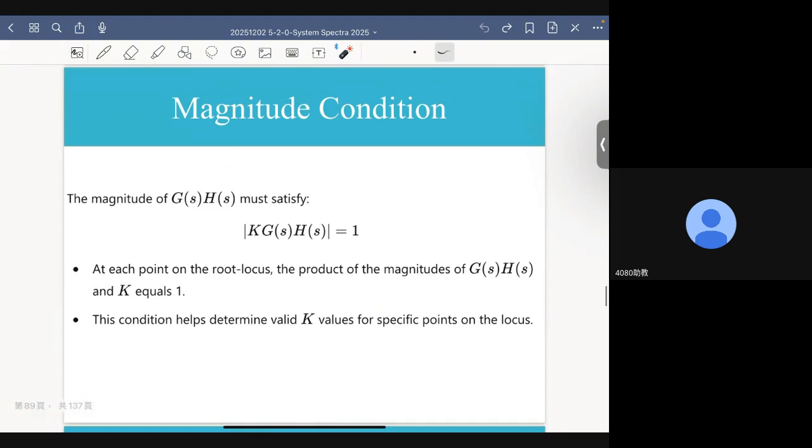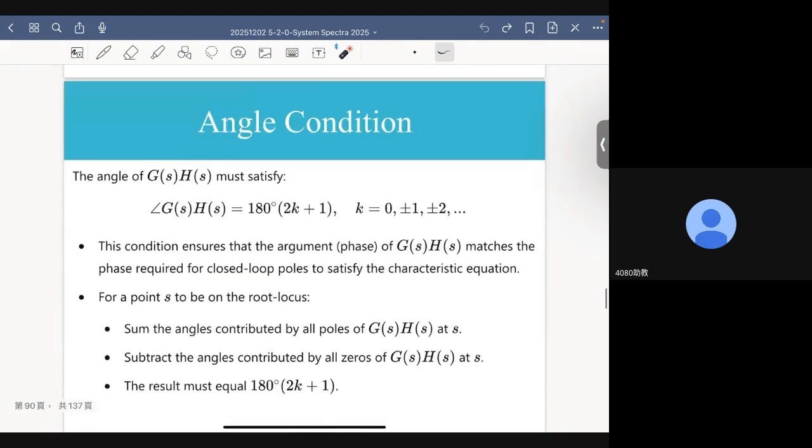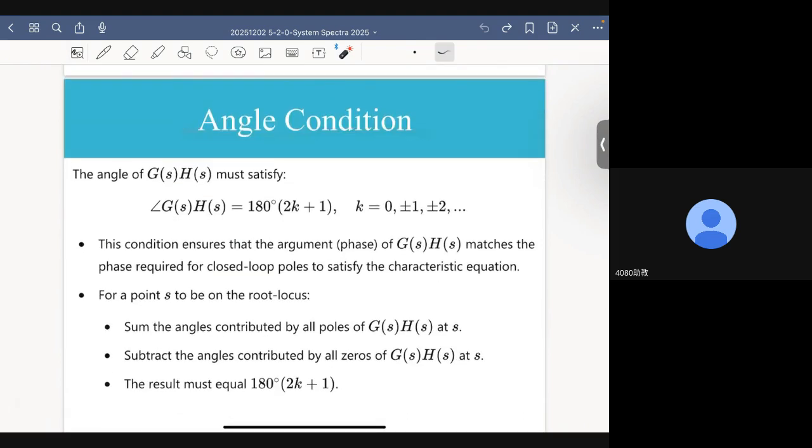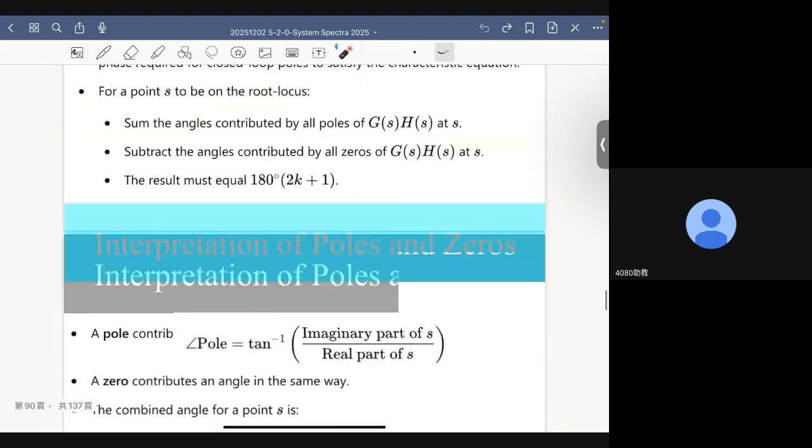Okay, so the magnitude condition is that this has to be true, and the angle condition for the root locus is that this has to be true, where k is equal to 1 or plus minus 1, plus minus 2, all the way up. All right.